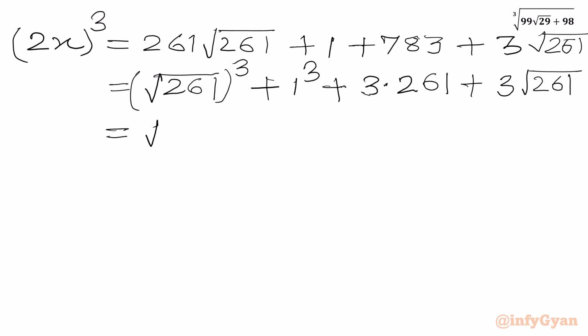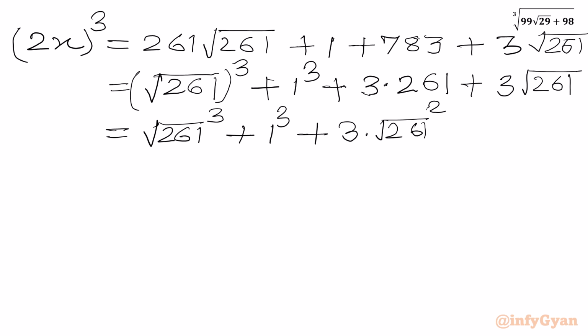Further I can write this as square root 261 whole cube plus 1 whole cube plus 3 times square root 261 whole square, so the square root and square will be over. It is still 261, times 1, plus 3 times square root 261 times 1 square. So this is replicating one algebraic identity.